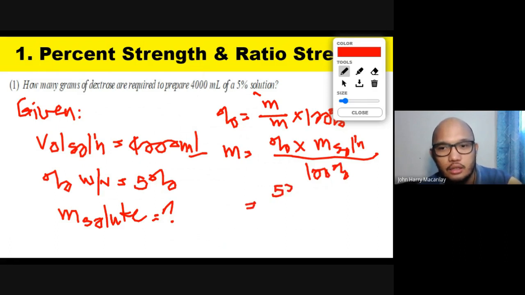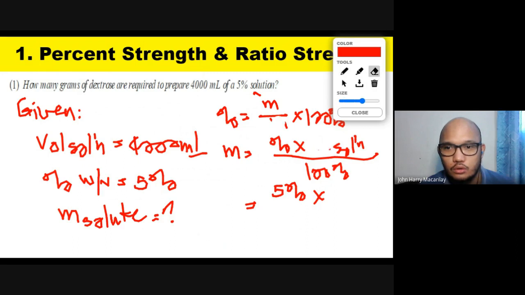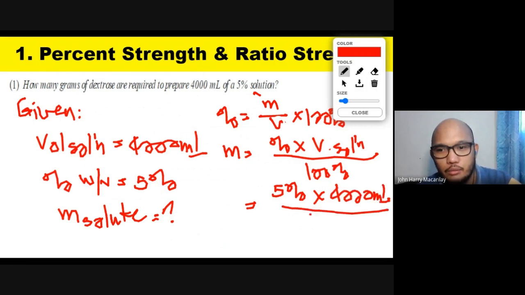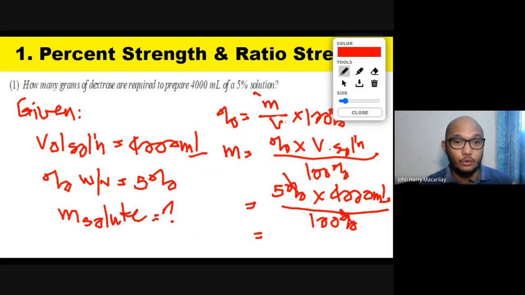So 5% times, sorry, this should be the volume of the solution, so 4,000 ml divided by 100%. What would be the answer now? It should be 5 times 4,000 divided by 100. Cancel the unit of percentage. So 5 times 4,000 divided by 100 is 200 grams.